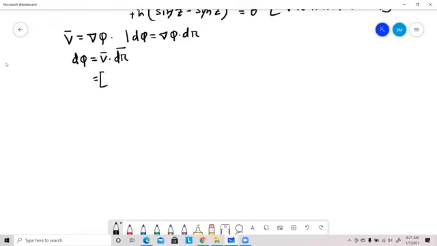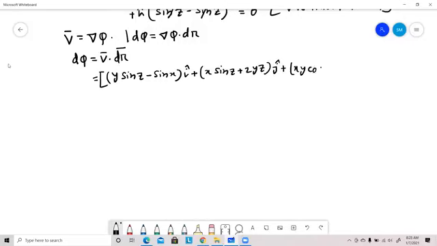Now we have to substitute v, and in our question v was given as y sin z minus sin x i plus x sin z plus twice yz j plus xy cos z plus y square k, dotted with dx i, dy j, dz k.